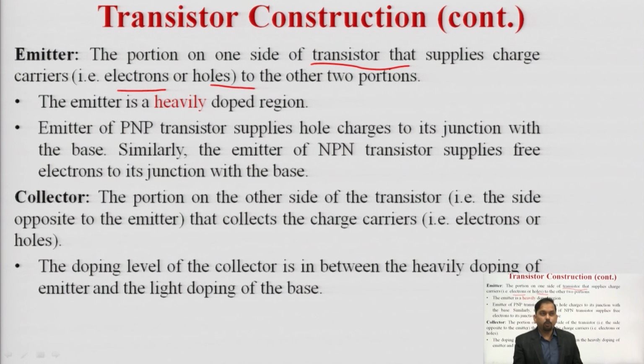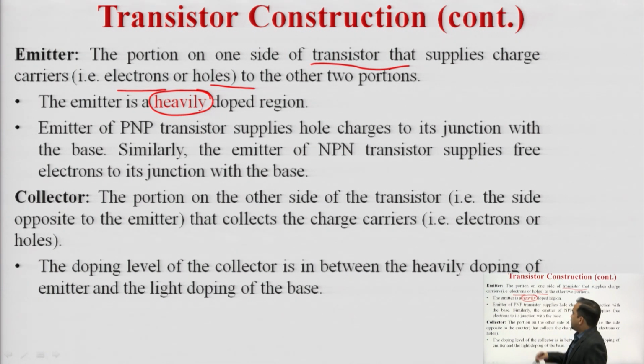So, this emitter portion will supply the charge carriers, either electrons or holes, to the other portion of the transistor. Now, if we talk about the doping profile, the emitter is heavily doped, because our requirement is that maximum current will transfer to the other part of the transistor. So, it has to be heavily doped.